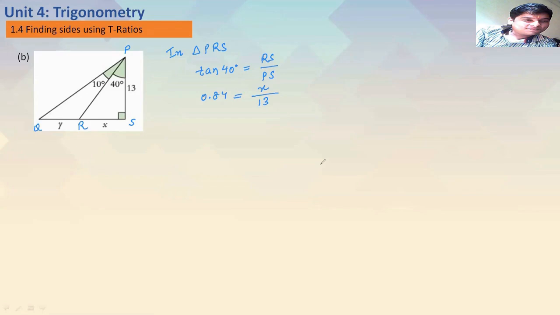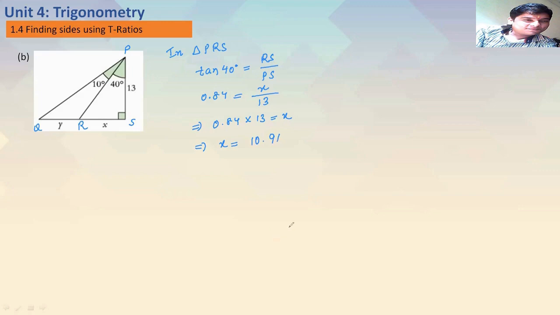Yes. So it won't be a difficult task. So it is 0.84 multiplied by 13 equal to X. What did you get for X? 10.91. There you go. This is done.